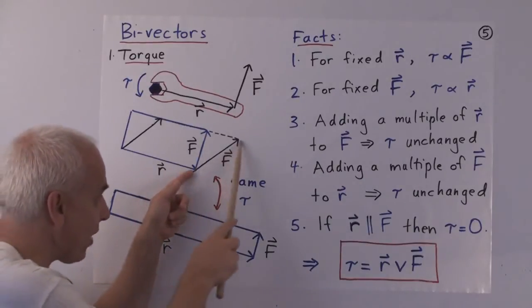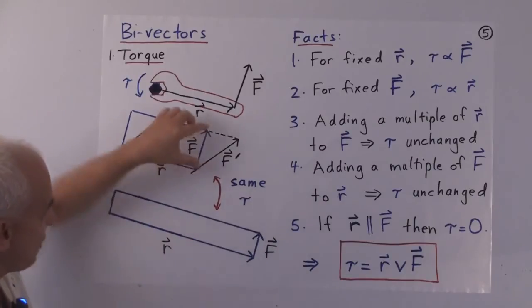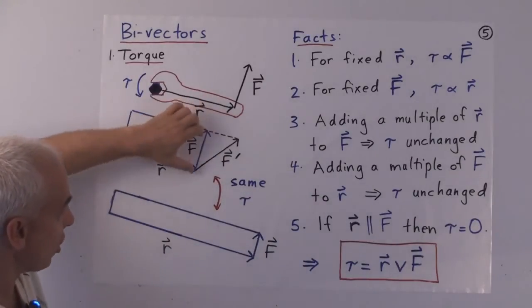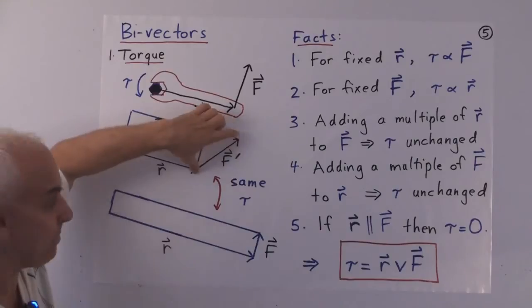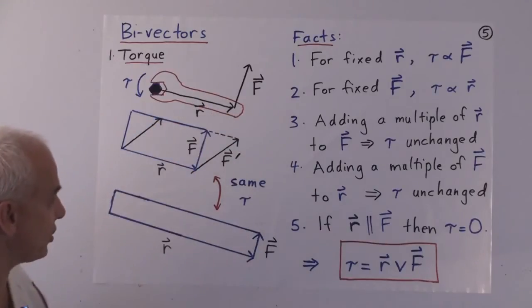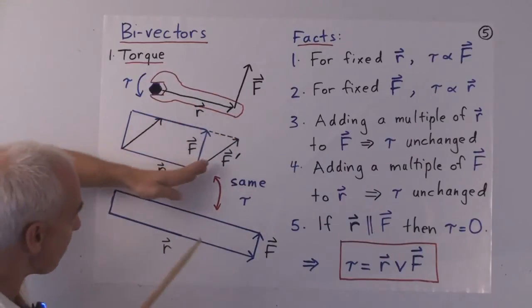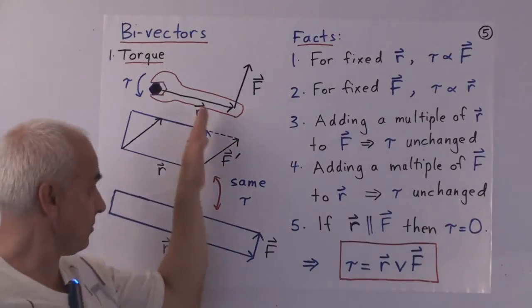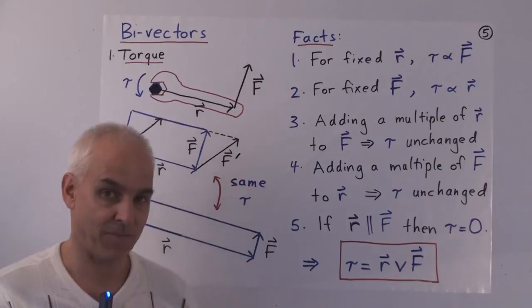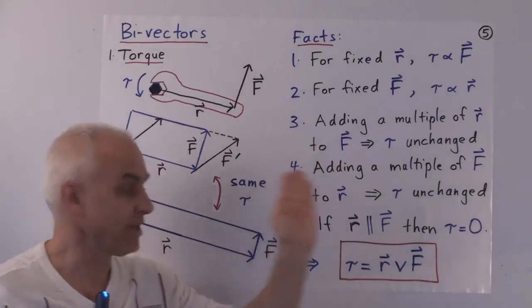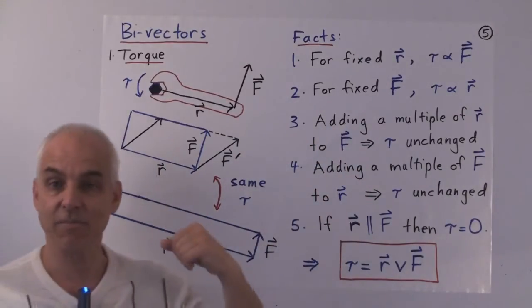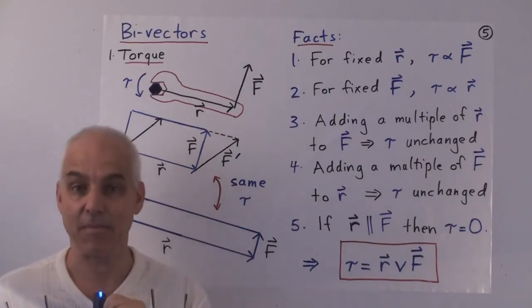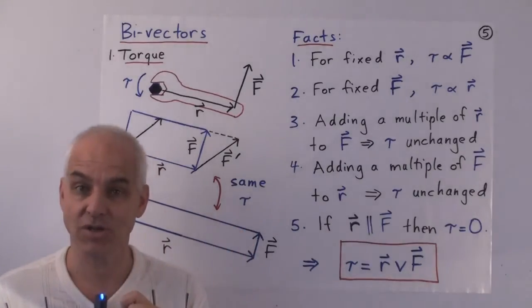We have a new force now acting in this direction. This force, F prime, is longer than F. Okay, because we've added that perpendicular direction to it, it's longer. But now we're pushing harder at an angle which is not perpendicular to our wrench. And experience shows that in that case, the amount of twisting power that we're applying is the same. The torque has not changed.